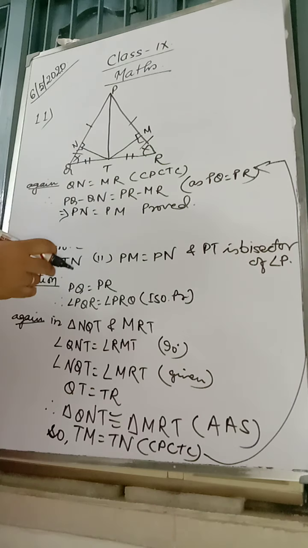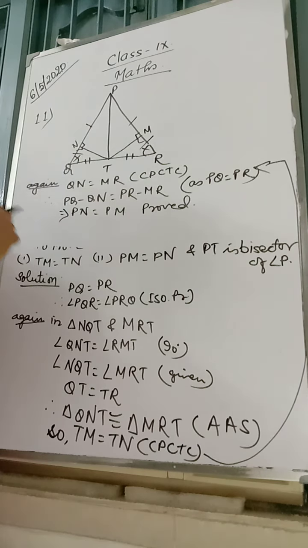PT is a bisector of angle P. Now come to the triangle PQT. Whatever triangle you can take, PQT or PNT, it doesn't matter.